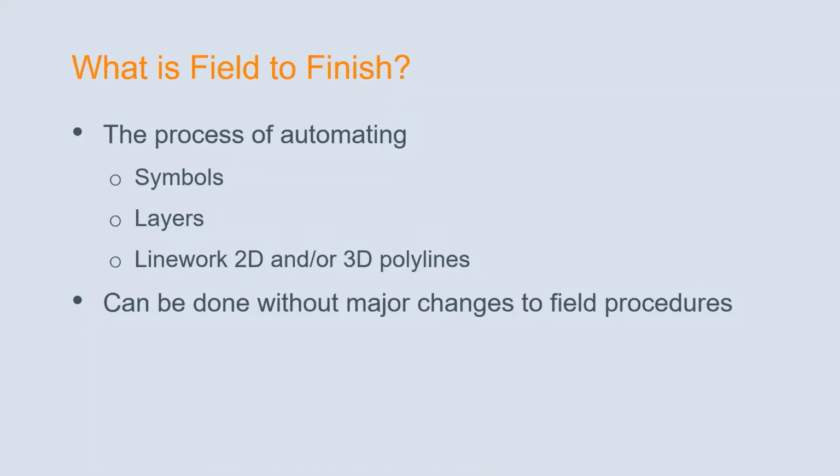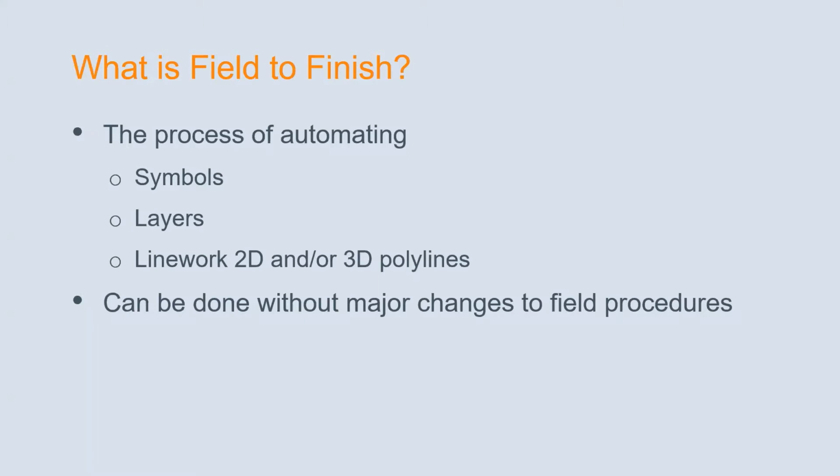And lots of people end up going and tracing over the top of things, or doing things twice, or copying them and different options. Well, the field to finish tools in Carlson has an option that just says draw both. So when it draws the line work for you automatically, it does them both at the same time, and we'll put them on different layers for you so that you can manage that. So we'll take a look at that, but that's one of the things that field to finish does.